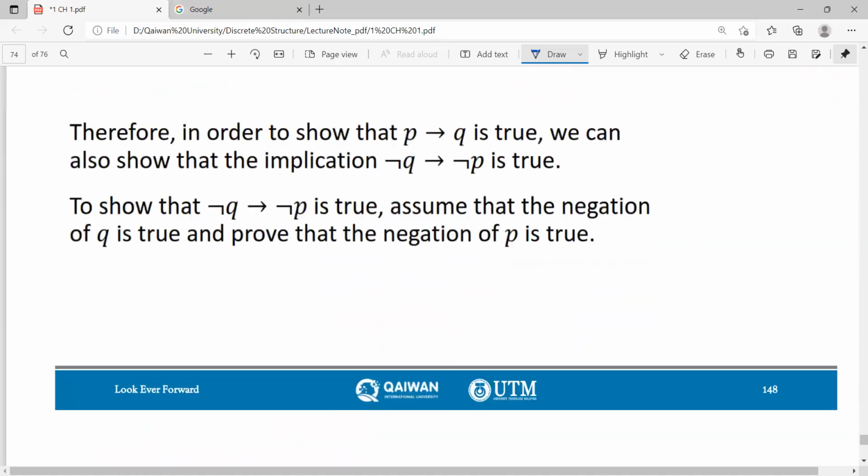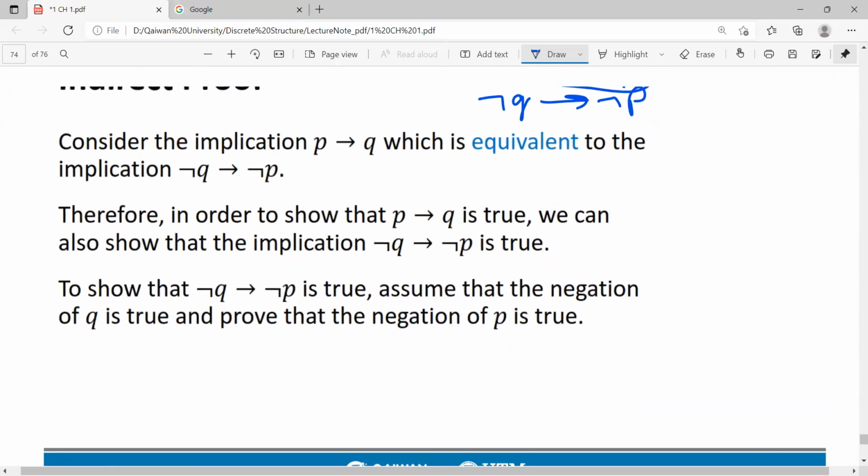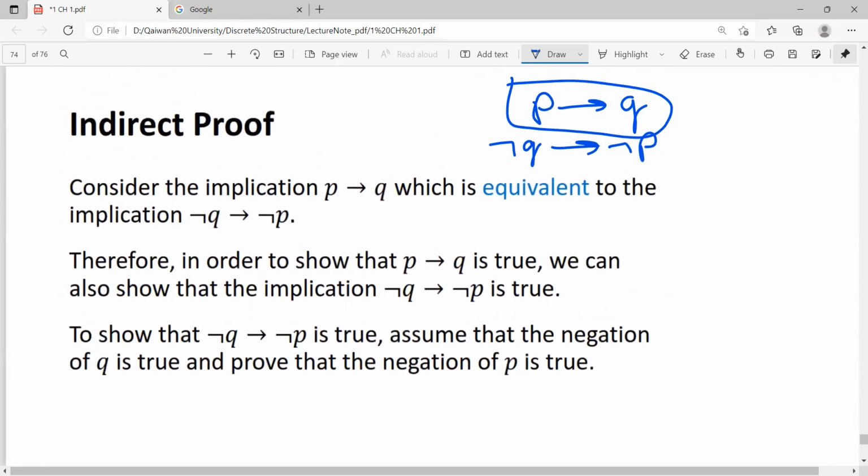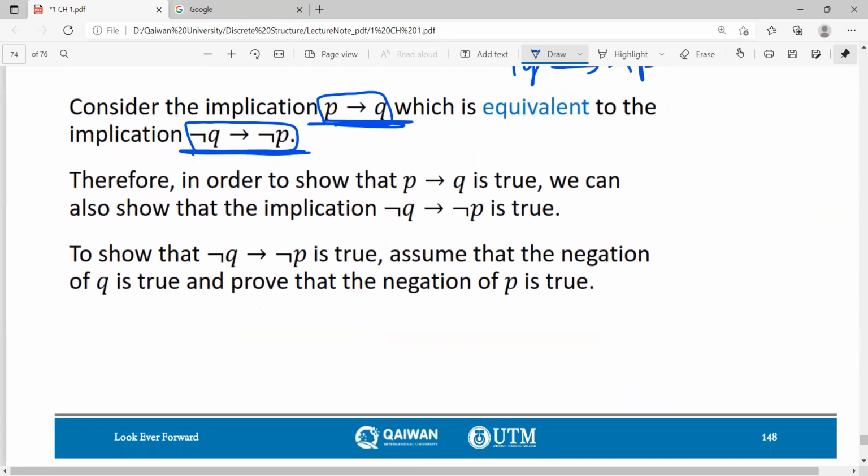Look here. We have indirect proof. We say P then Q is equivalent to negation Q then negation P. These are equivalent. That means if we prove this one, that means this is true also. Okay? If we prove any of these, it means the other one is true also. Therefore, if P then Q is true, so that's true also, and vice versa.